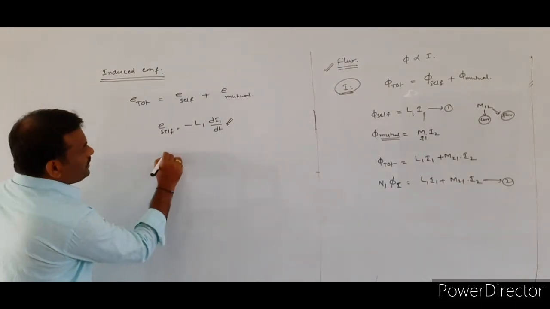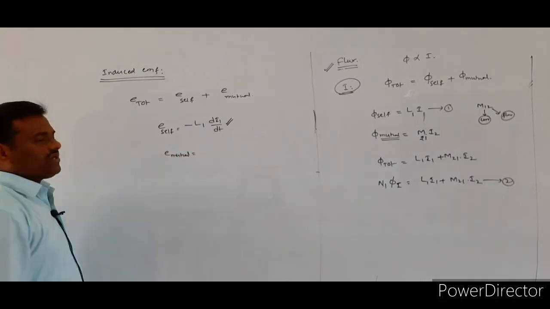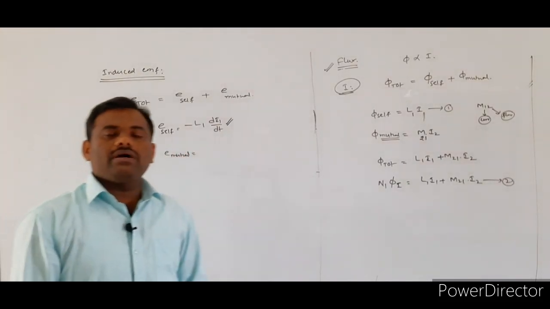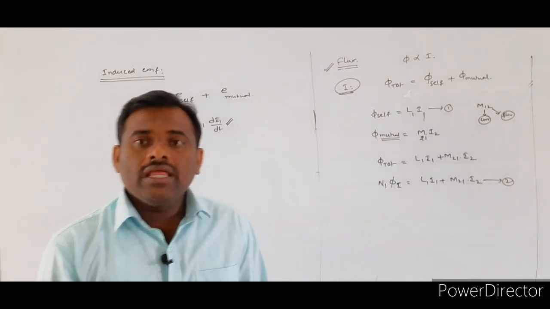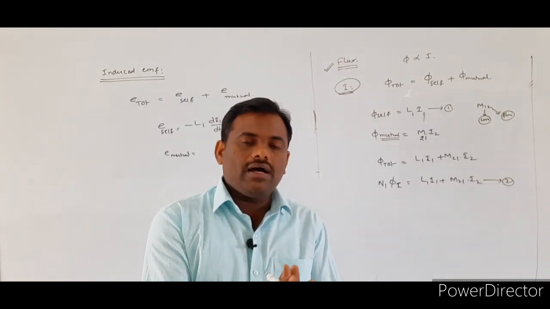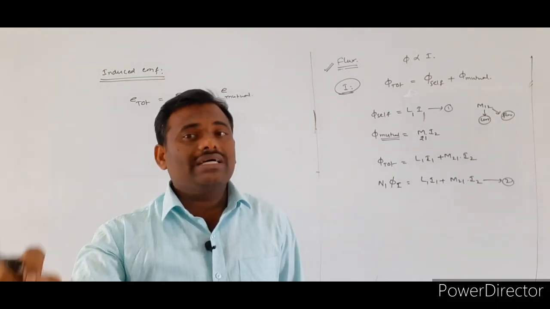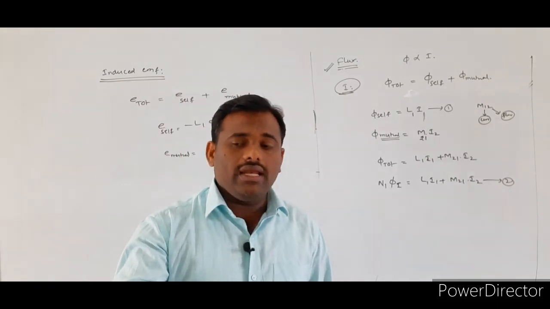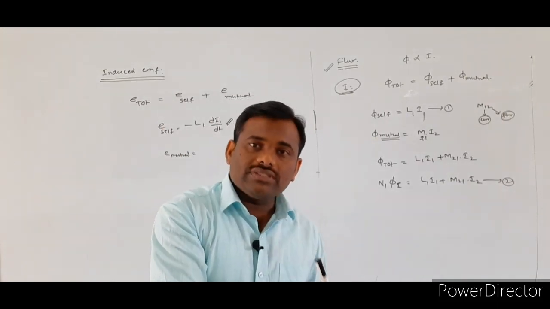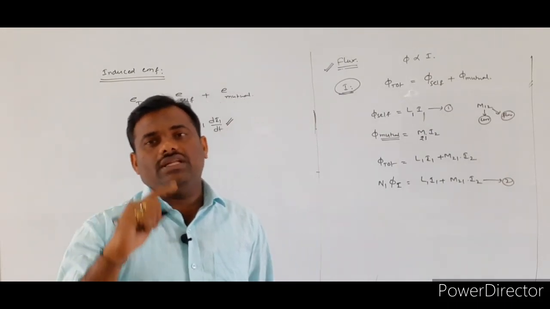Next, the induced EMF produced in the first coil due to the phenomenon of mutual induction. Here, the induced EMF belongs to the first coil, while the change in current belongs to the second coil. Due to the change in current in the second coil, the induced EMF is produced in the first coil by mutual induction.